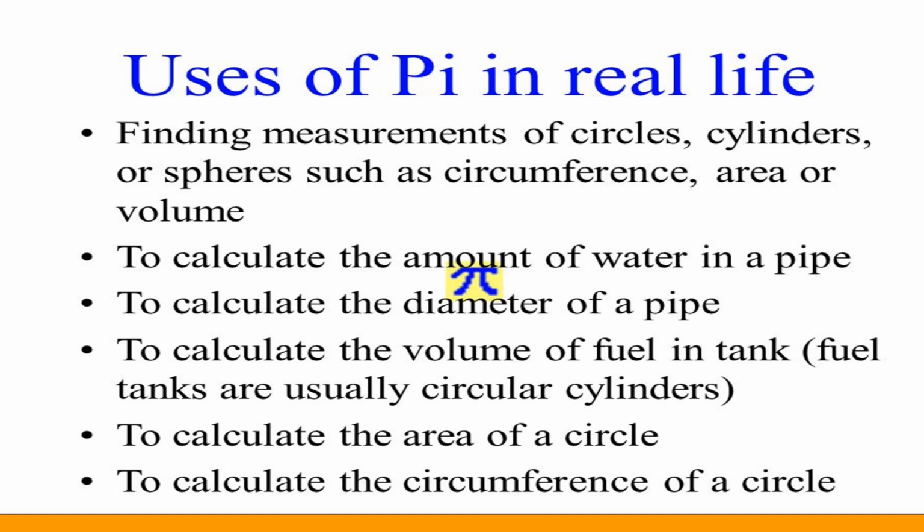And then to calculate the amount of water in a pipe, to calculate the diameter of a pipe, to calculate the volume of a fuel tank. The tank is usually a cylinder. To calculate the area of a circle, to calculate the circumference of the circle. There are many more areas also, but here some are given. So, in these areas we use pi. Okay. Next please.